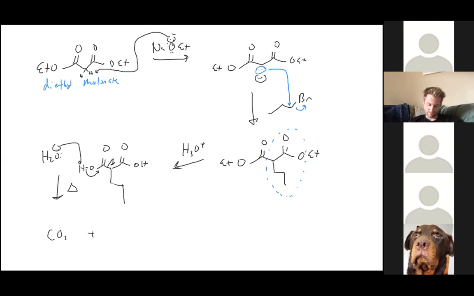And usually you have to heat these up pretty hot to get this to go. And then your last step, you'll just pick up the H you just lost. And we get the product of our malonic ester synthesis.